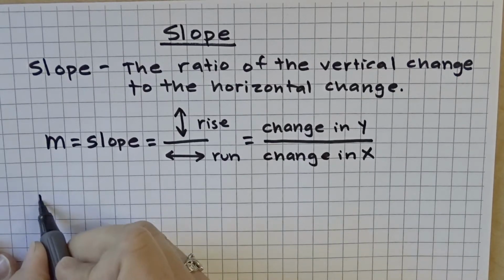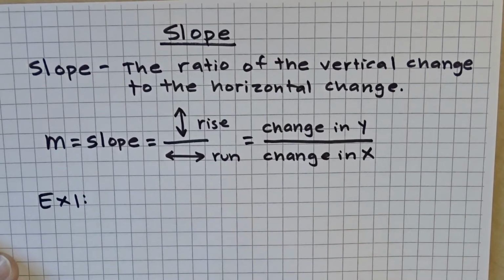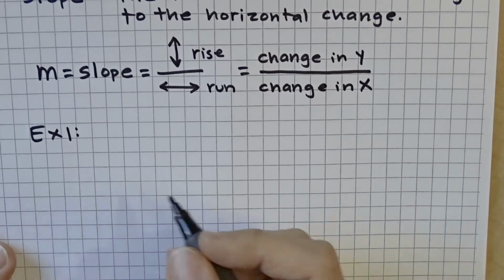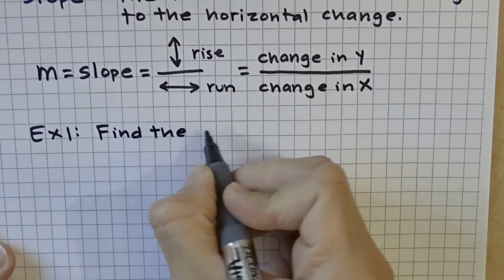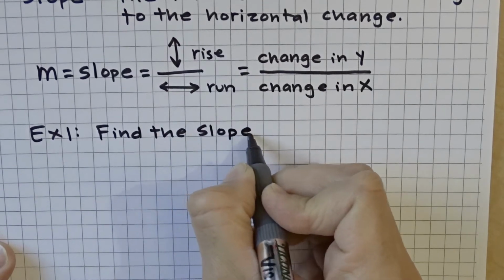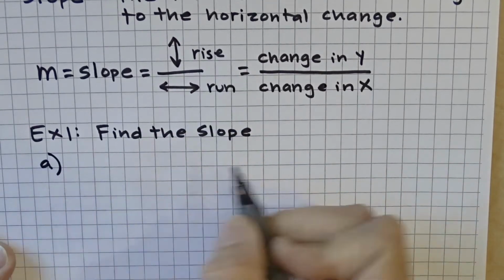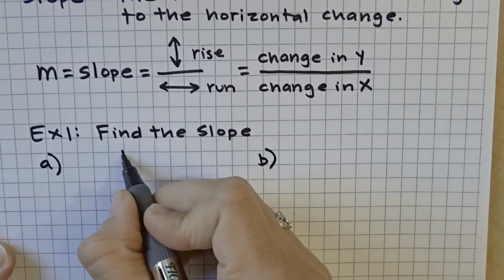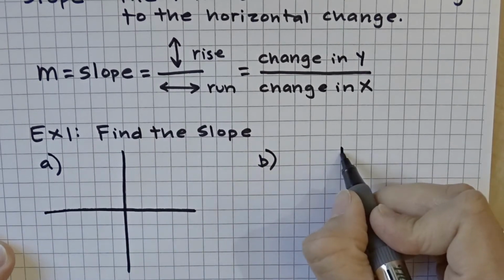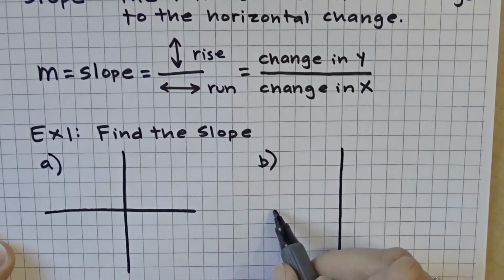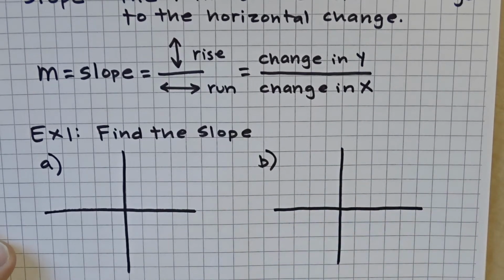So when you're given the line, we're going to just find the slope. Let's do two of them. And all I mean is I want to know how slanted is that line.